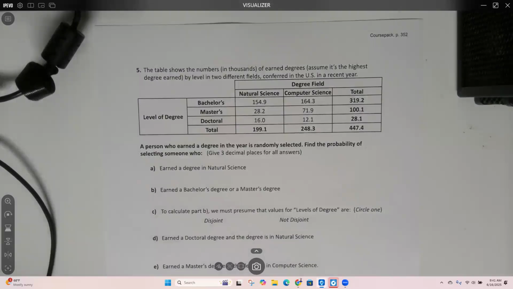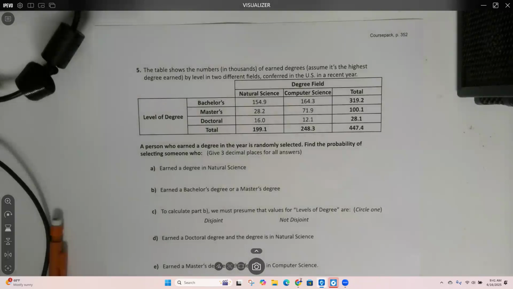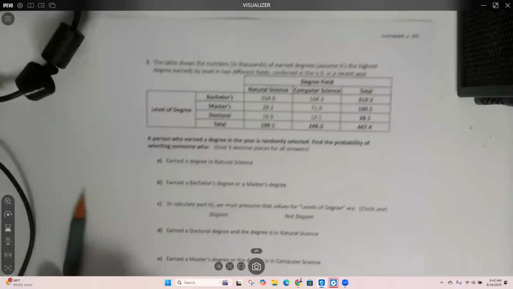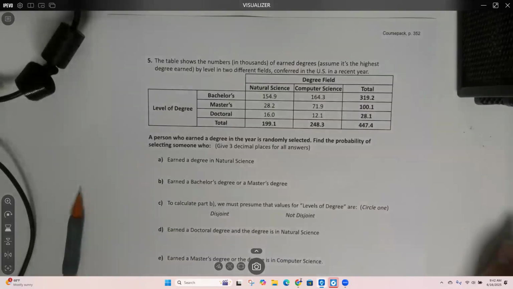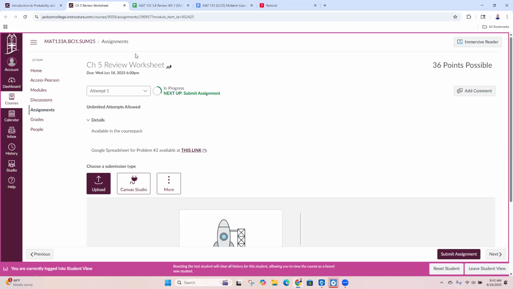This table shows the number in thousands of earned degrees by level in two different fields conferred in the U.S. in recent years. So natural science and computer science. If we go back to Canvas and click on Chapter 5 review worksheet, it's going to bring you here.